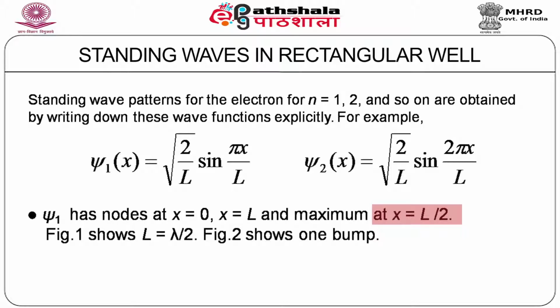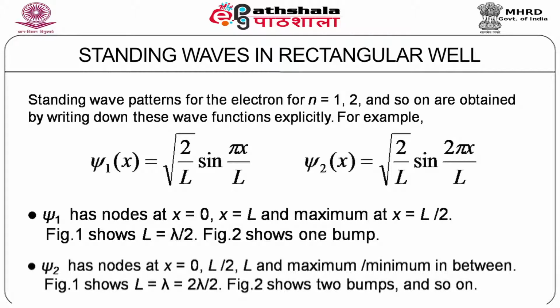So it has a maximum value of psi 1 at x equal to L by 2, which is in the middle of the potential well. Figure 1 shows L equal to lambda by 2, and figure 2 shows 1 bump, because in figure 1 we plot the wave function psi 1, and in figure 2 we plot the wave function psi 1 squared, which is the probability function.